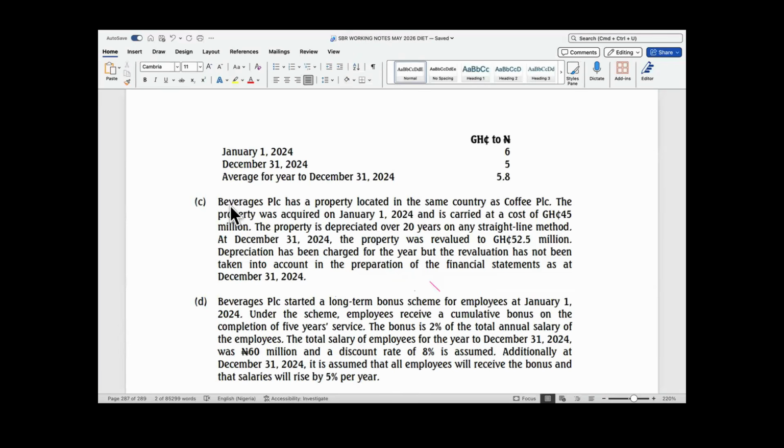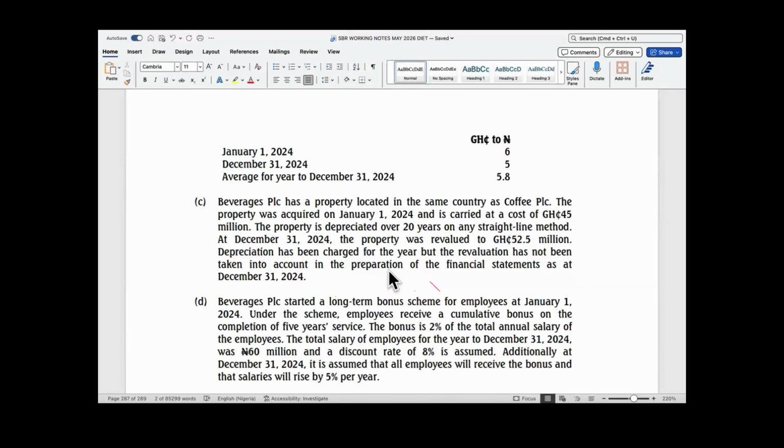He bought it on January 1st, 2024 at 45 Ghana cedis. The property is depreciated over 20 years, straight line. And at the end of the year, they revalue the property to 52.5. And the depreciation has been charged.